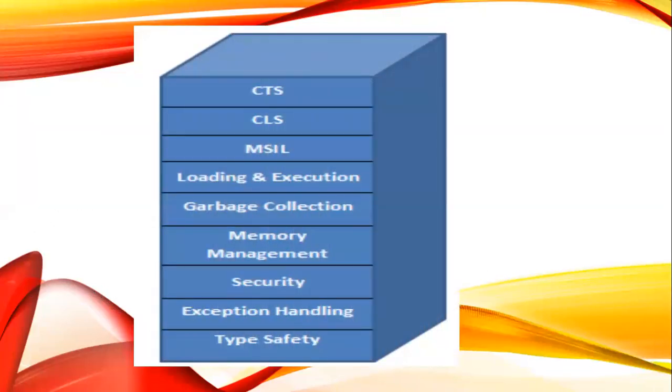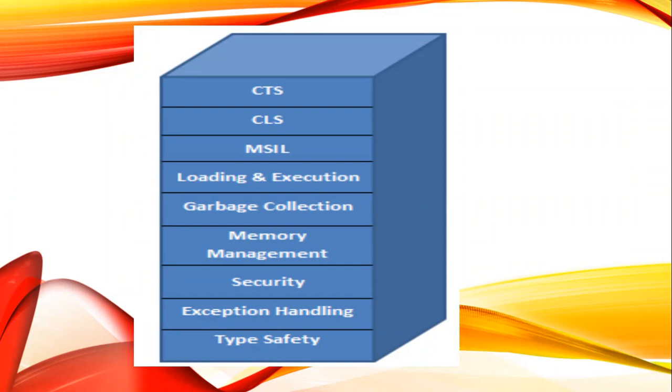This is the architecture of CLR. CTS, common type system. CLS, common language specification is there. MSIL, Microsoft Intermediate Language. What do you mean by intermediate language? An interface between two things is your intermediate language. Then we have loading and execution.